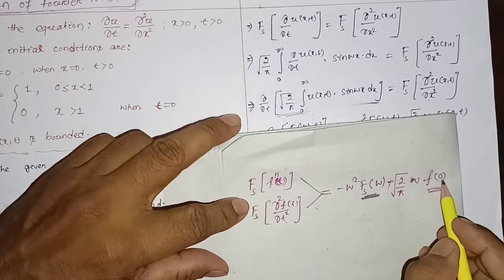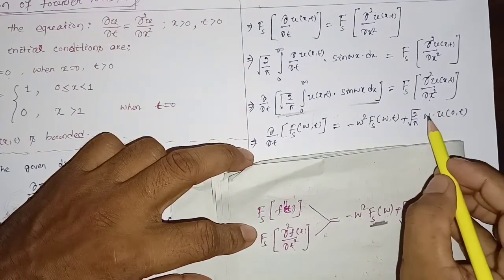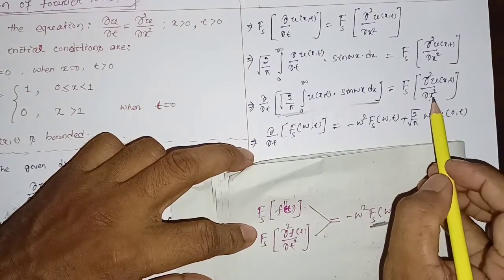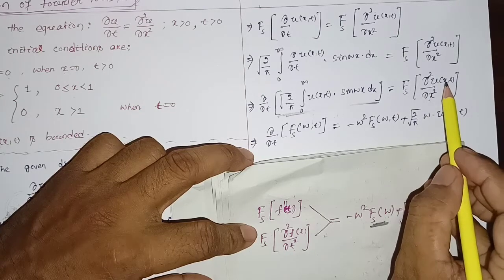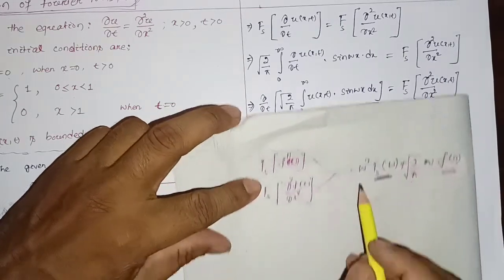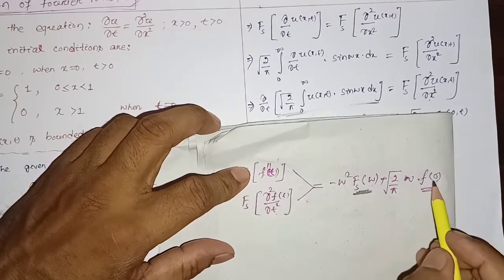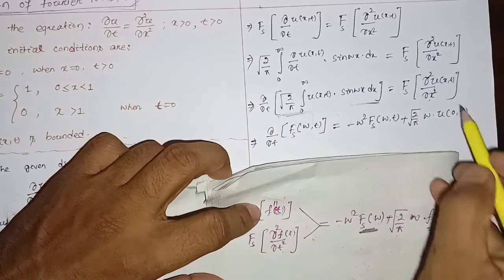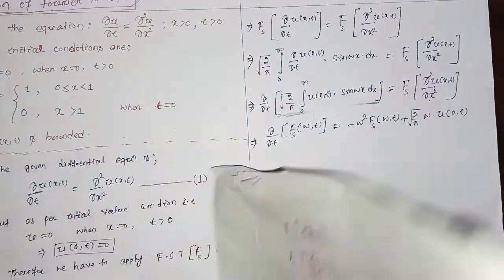So here plus root over 2 by pi, omega is there. Here the derivative is with respect to x, so instead of x we have to put 0. There, the derivative is with respect to t, so f(0) has t written as 0. So instead of x we have to write 0 here.